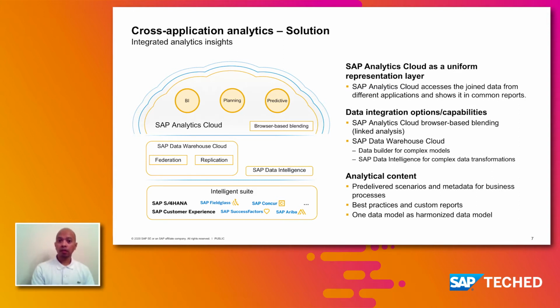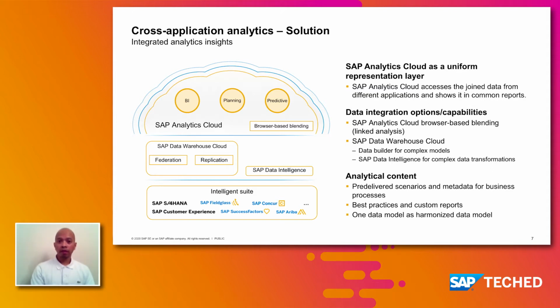The second option is leveraging Data Warehouse Cloud, where you can either replicate or federate multiple data sources and then create a model on top of that, some type of analytical data set, which SAC can consume later on.